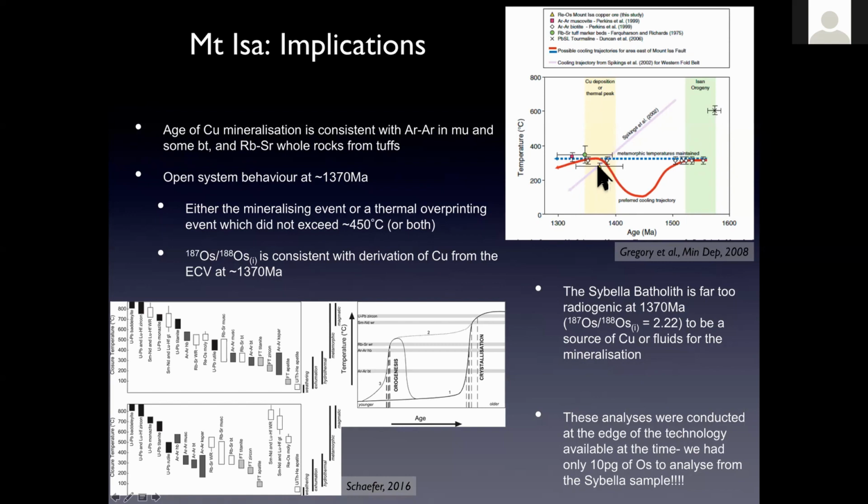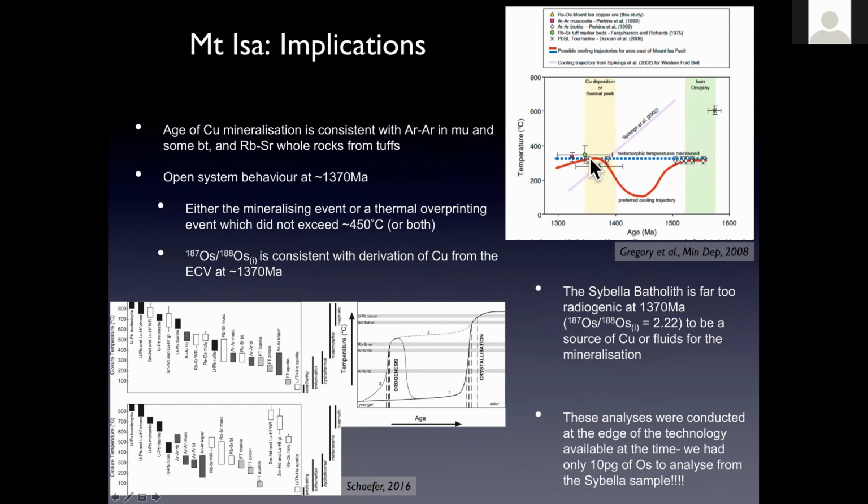And of course, the osmium sitting right on top of that. The isonorogeny was over well before 1500 million years. So the critical question is then, well, what was the temperature trajectory of the terrain, and how does that relate to that mineralized assemblage?